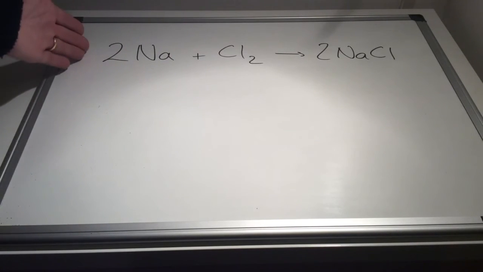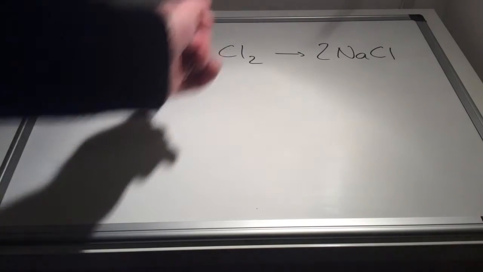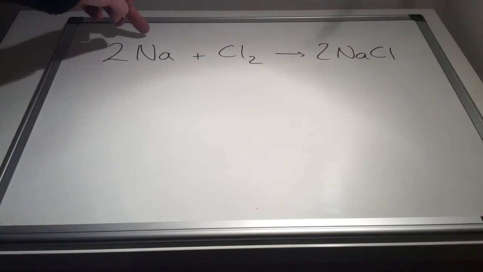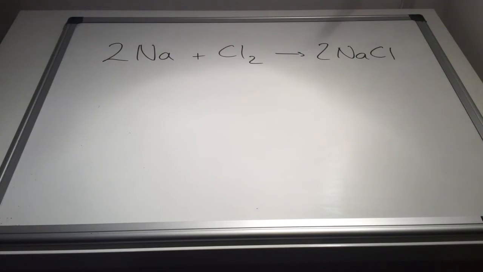So I'm just going to start at the left hand side and work through the equation, and I'll write the oxidation numbers at the top. Remember, for oxidation numbers there are a set of rules that we must follow, so I'll be quoting those rules as I work out the oxidation numbers just to remind you of them.